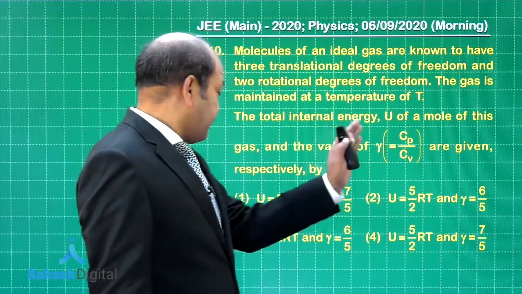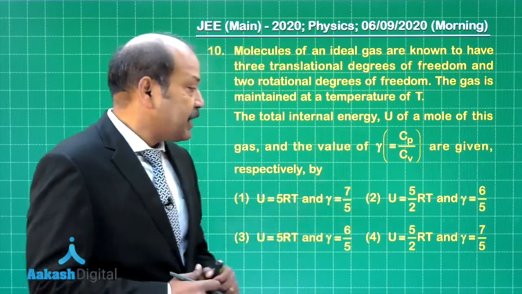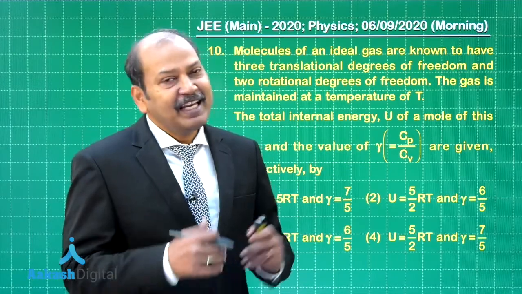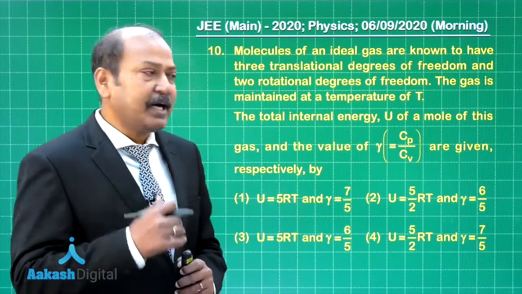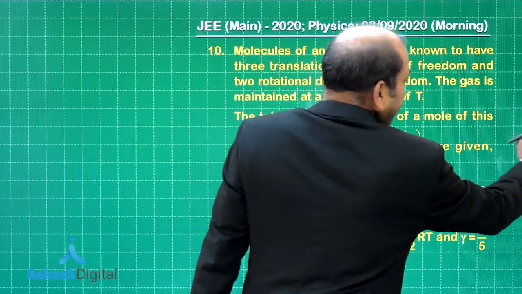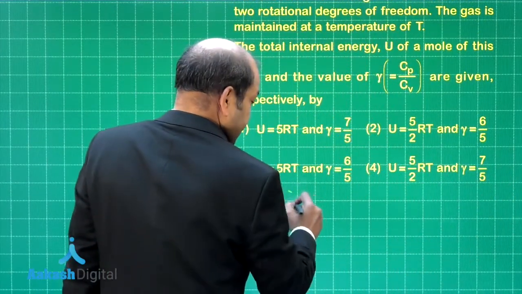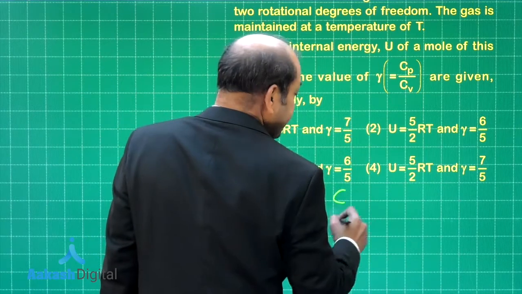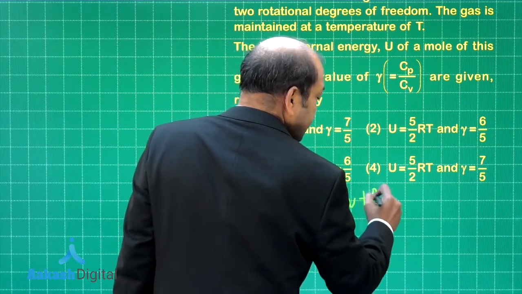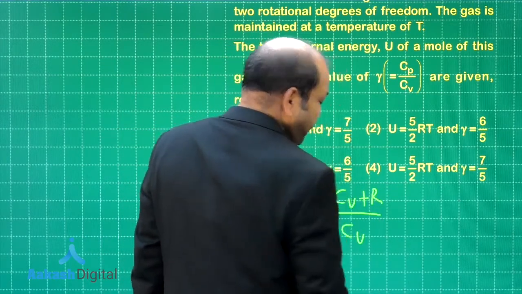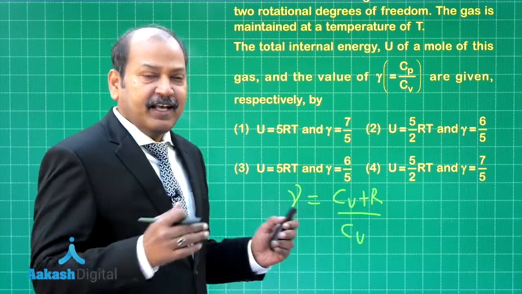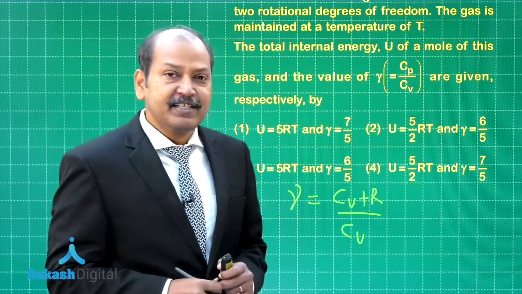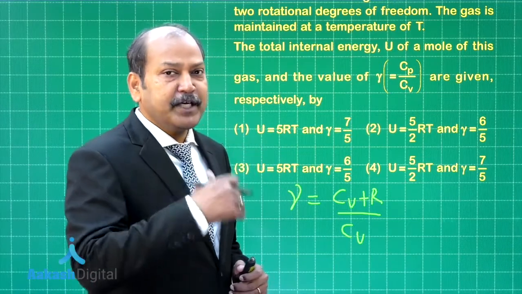Well, there are in fact 2 options with U equal to 5 RT by 2. Let us now look at the value of gamma. The gamma in this particular case can be given as Cp by Cv, and we know that Cp itself is Cv plus R, divided by Cv. What is the value of Cv? Well, Cv in this particular case is 5 R by 2, because the degrees of freedom in fact is 5.